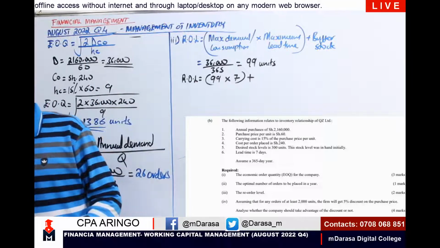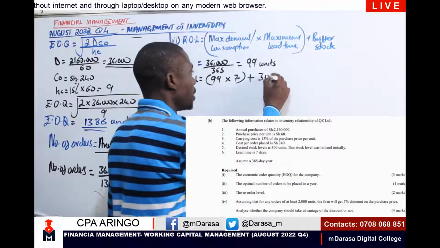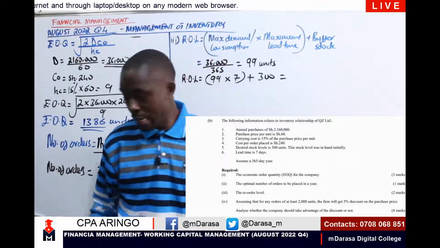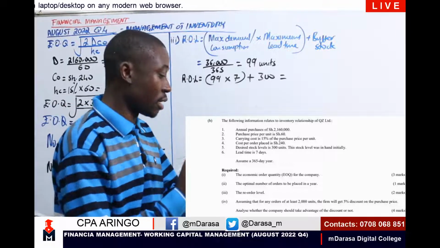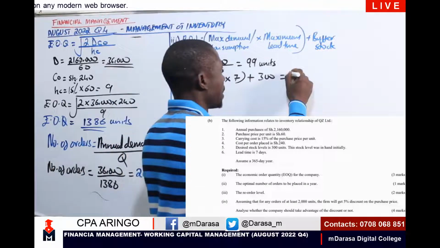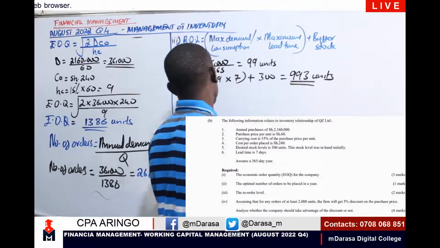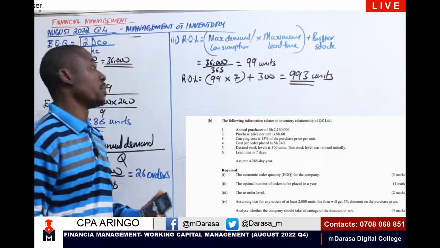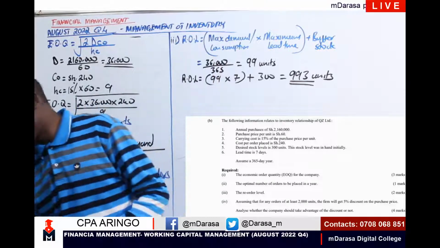We had this safety stock of 300. So our reorder level should be 99 by 7, I'm going to add 300 units to give us 993 units. That is what we are going to take as our reorder level.